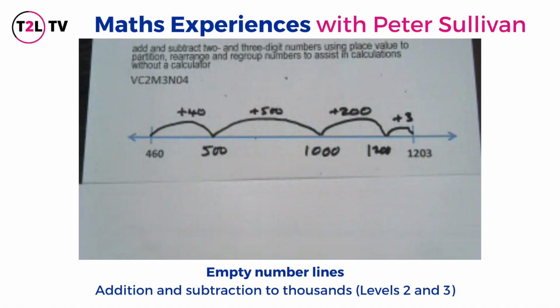So what we're doing is, firstly, we're bridging to the next 100, to the 500, then we bridge to the 1,000, and then we add 200 on the hundreds, and then we finish it off by getting there.